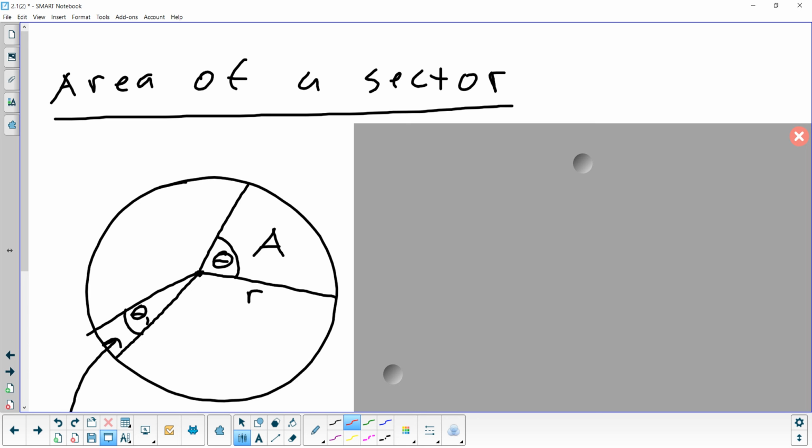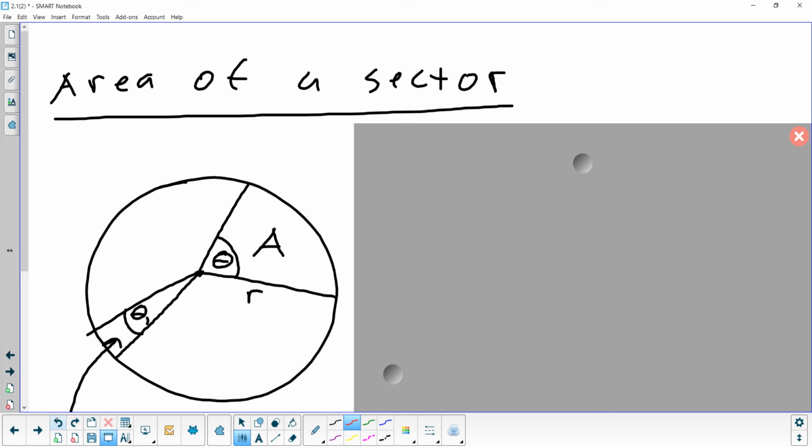Now this formula is not really getting at the length of the arc, it's getting at the size of the area shaded in that region. That's what we're trying to find. I've drawn a very similar picture to the one I had last time. In fact, it's almost the same picture.